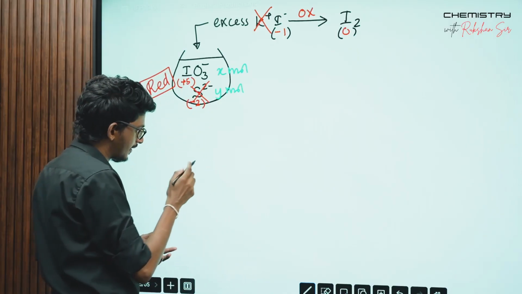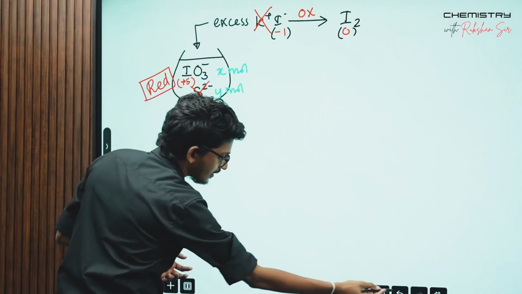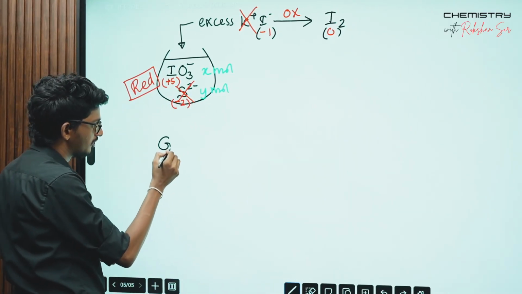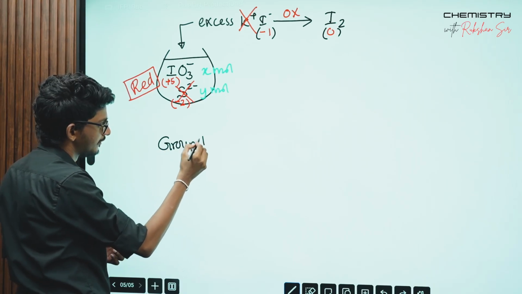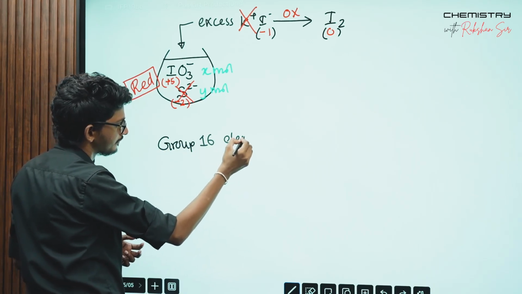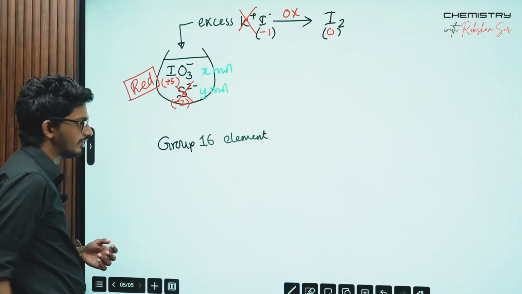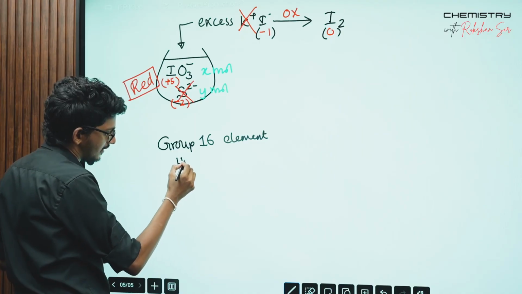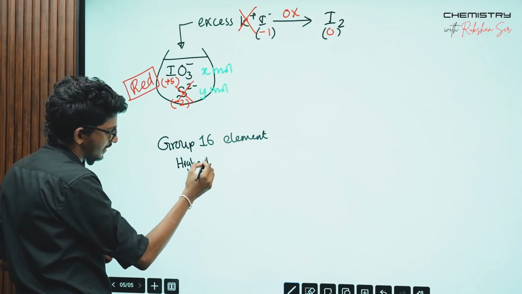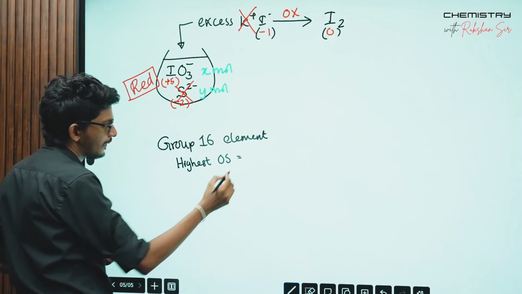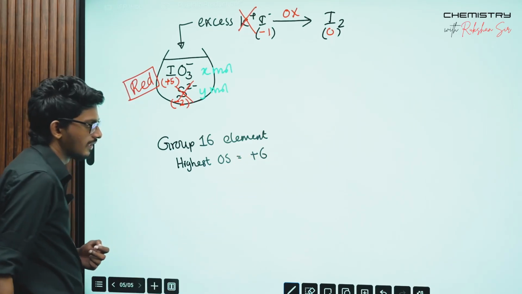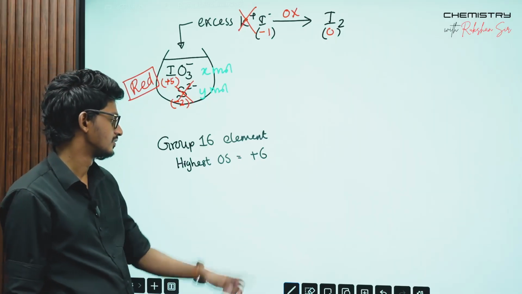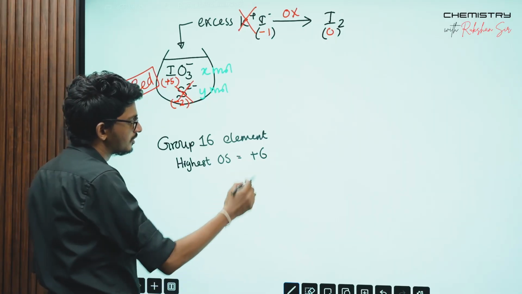If you are a group 16 element, your highest oxidation state is actually +6, which is the number of electrons at your valence shell, that will give you the highest oxidation state.